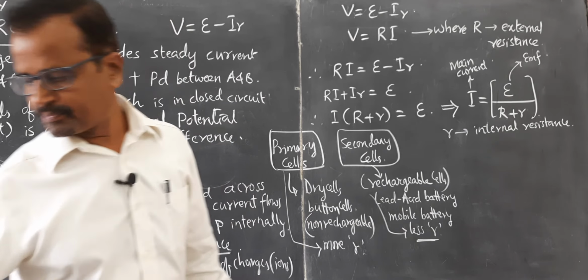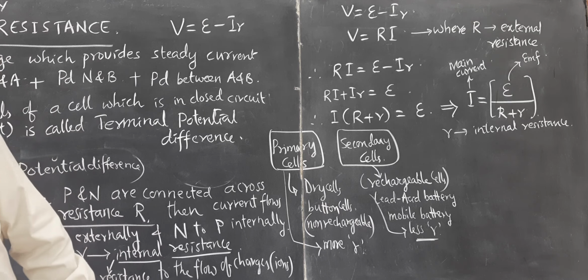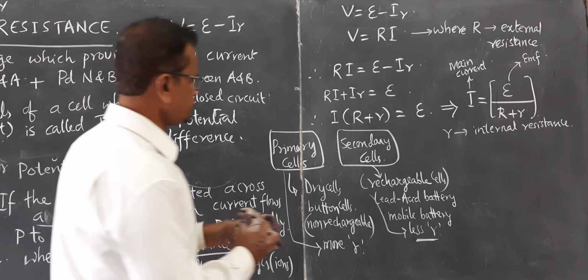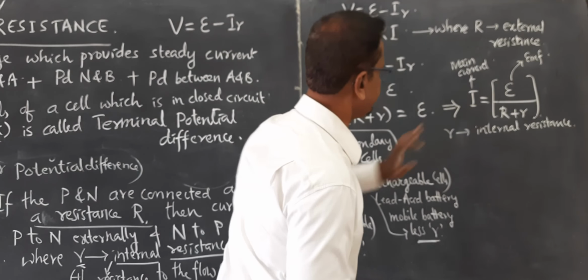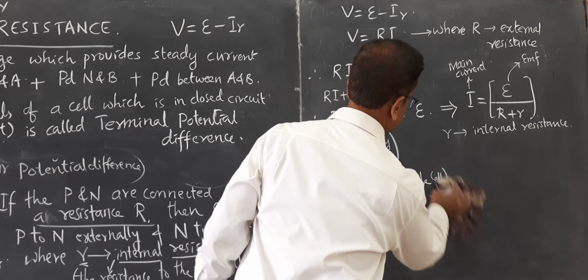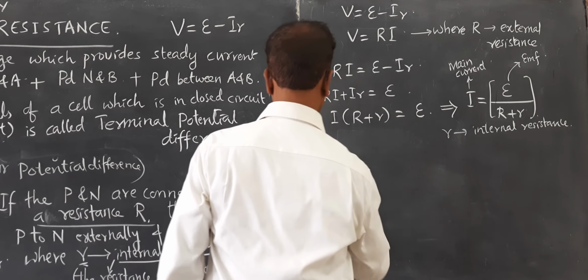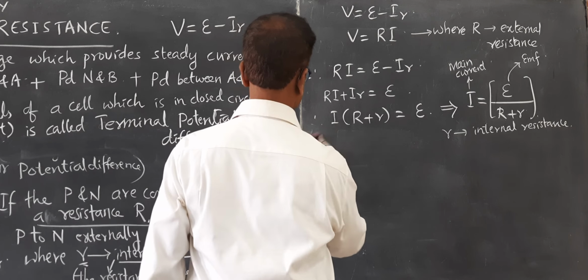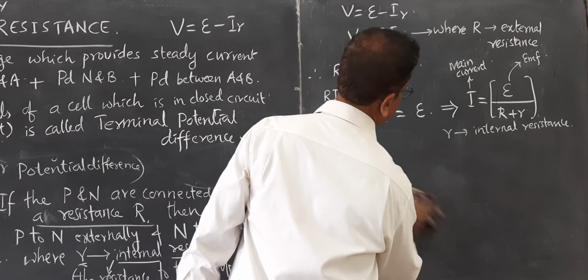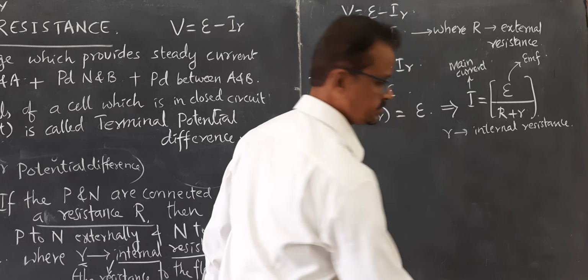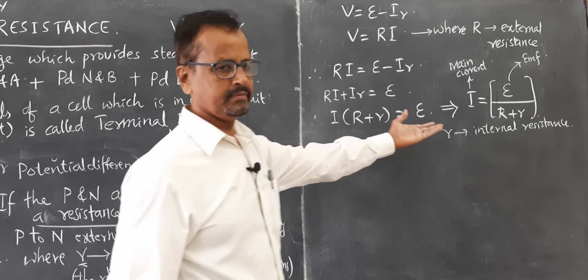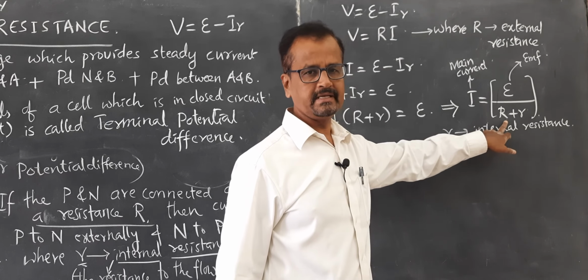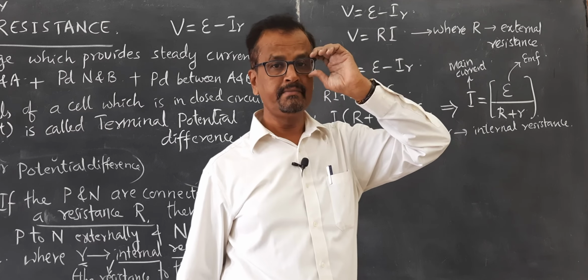Now, when you look at this important equation, I equal to E upon (R plus r), when will the current be maximum? Current will be maximum if the external resistance R is minimum. If there is no external resistance, then the current through the cell will be maximum.